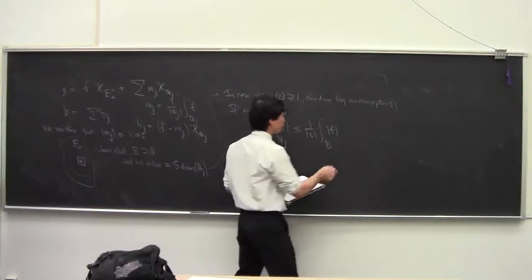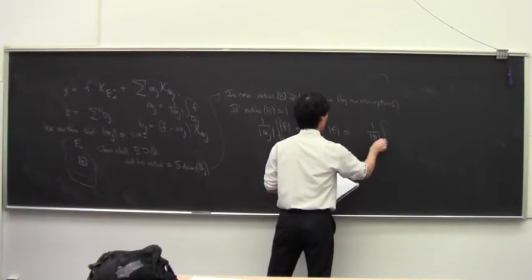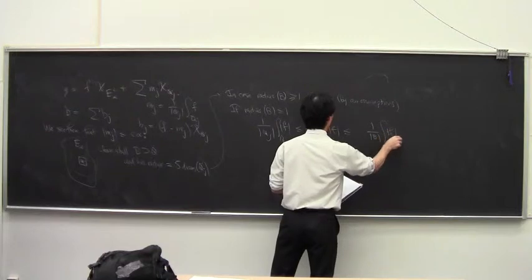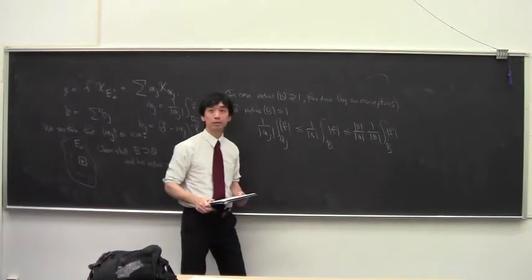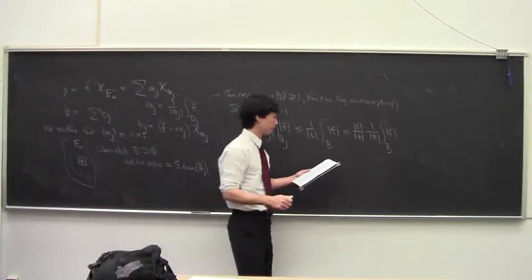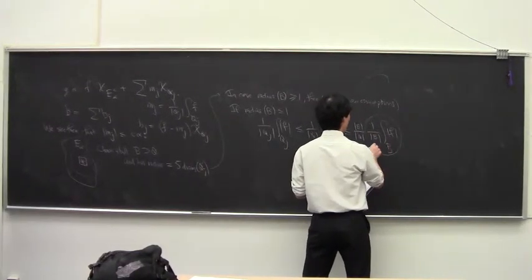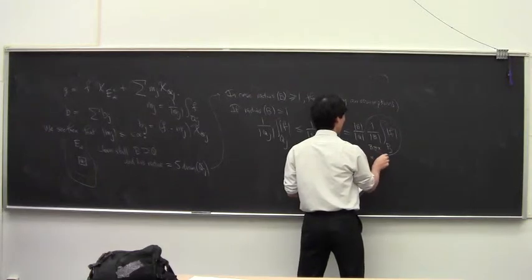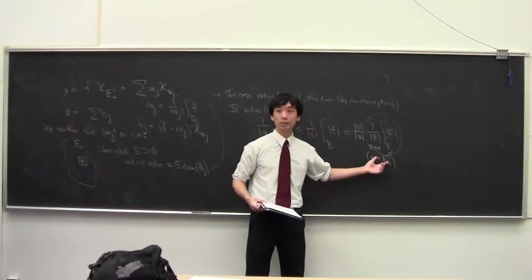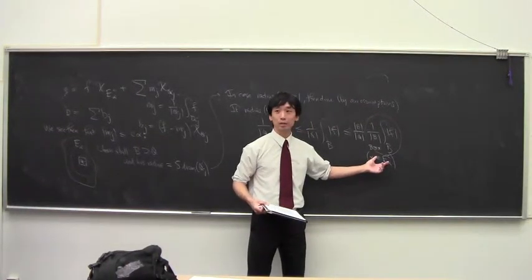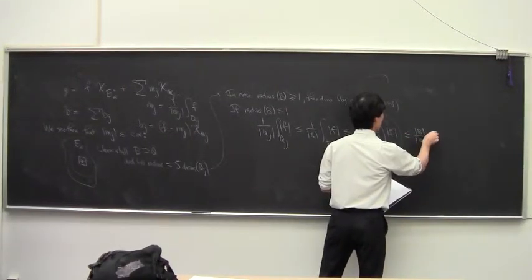And we know that that is controlled by the average over the ball, times some ratio. This ball contains some point which is in the complement, where the maximal function is small. So we know that this is controlled by this ratio times alpha.